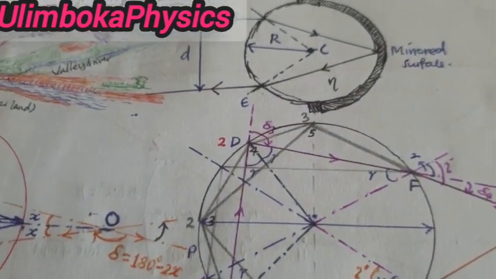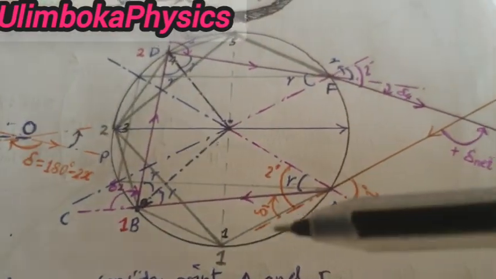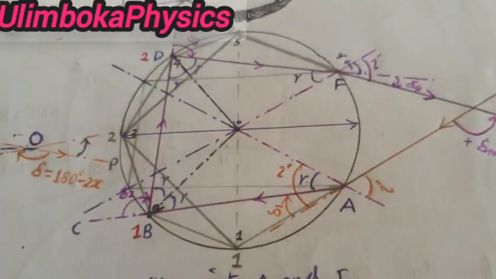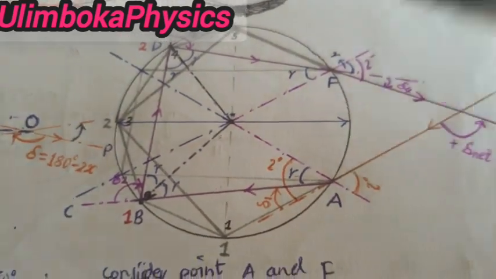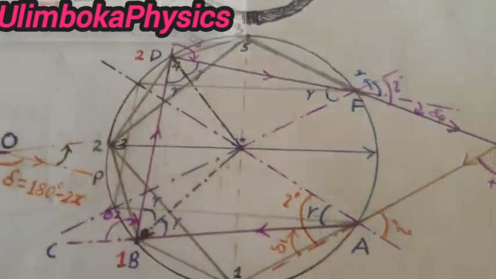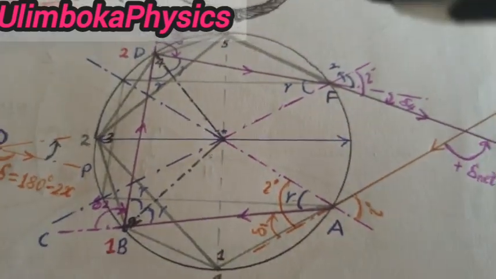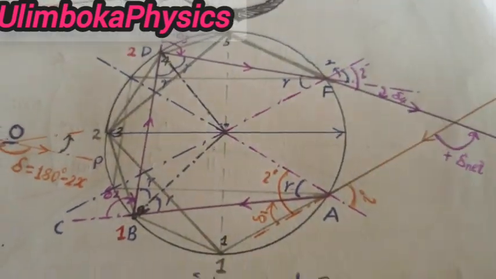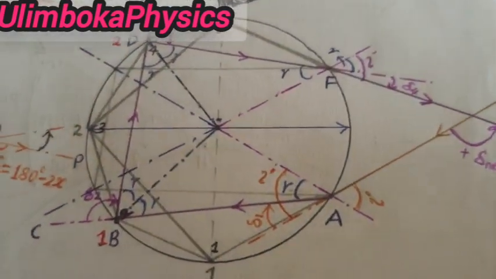Okay, and we'll use this secondary rainbow to explain how we arrive at the general formula, which we use to derive the angle of deviation for the primary, secondary, tertiary, and other kinds of rainbow.